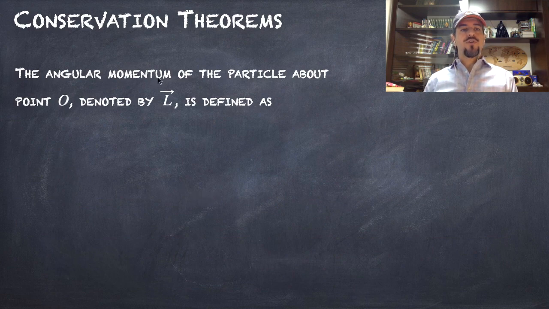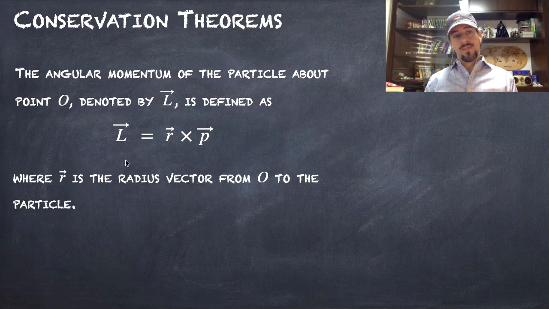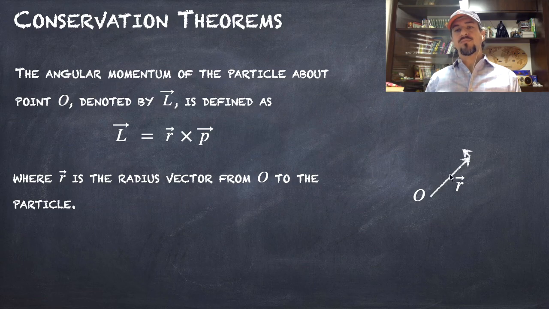Now, for the angular momentum, let's first define this quantity called angular momentum of the particle about point O, denoted by L, as the cross product between r and p, in this order, where r is the radius vector from O to the particle. So here we have the vector r, and for instance this is the vector p.